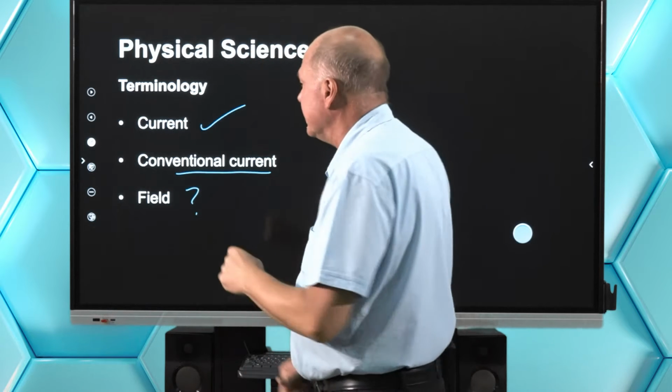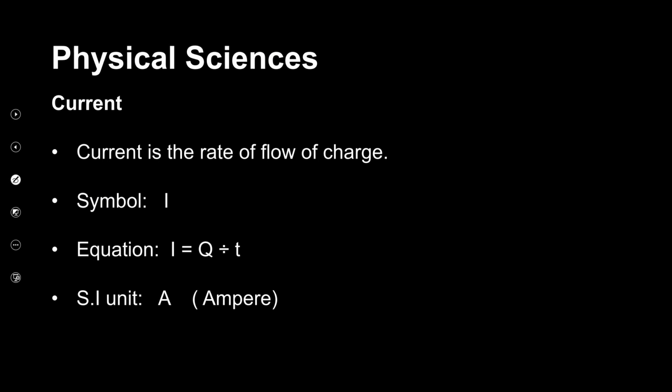So let's jump straight into it, and let's focus for the moment on current. Think about all the formulas and think about the units as we revise these ideas in this topic of electromagnetism. Current is the rate of flow of charge. It's a movement of charge.